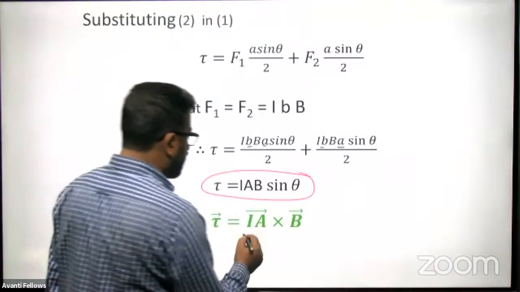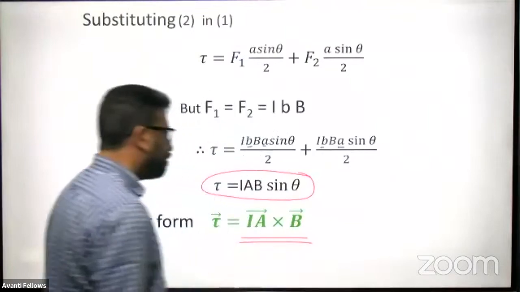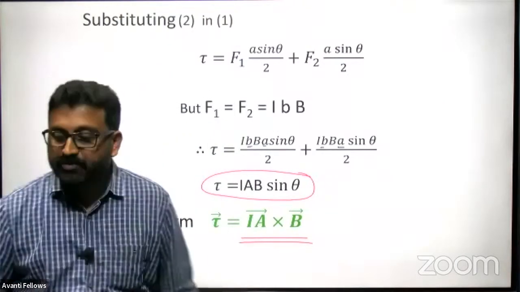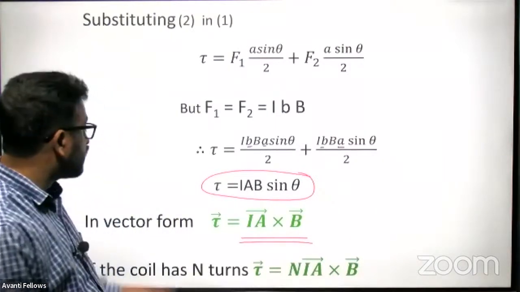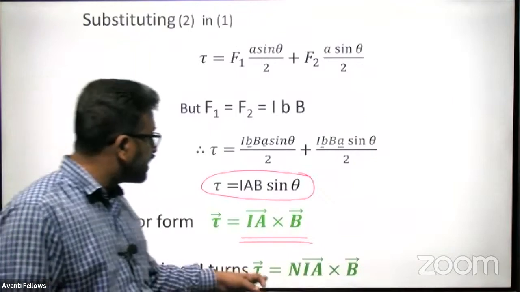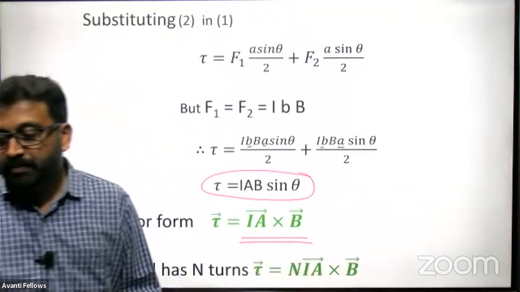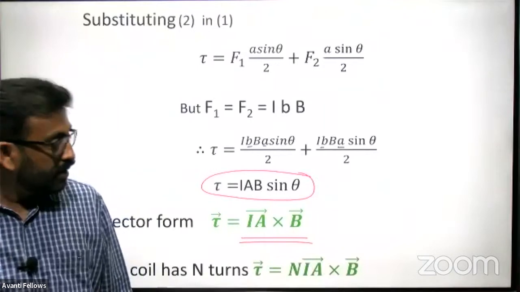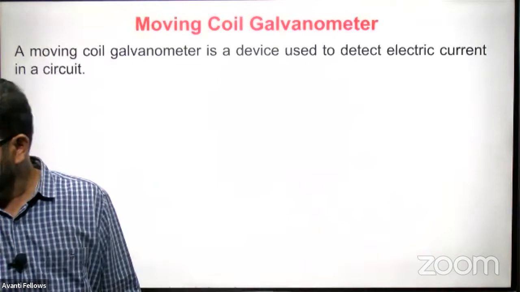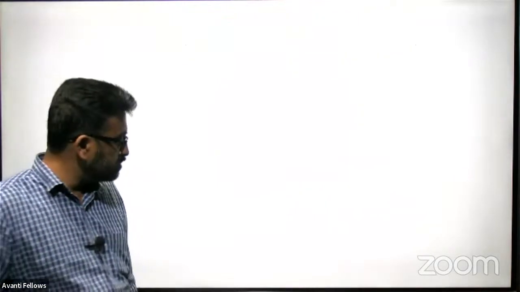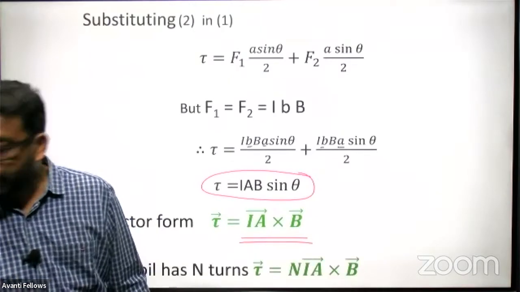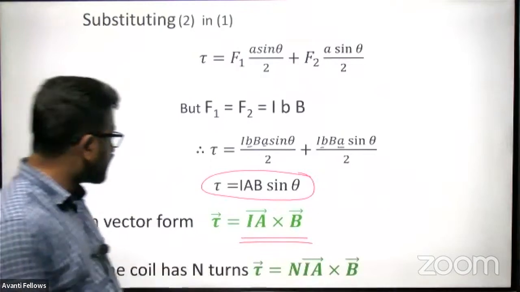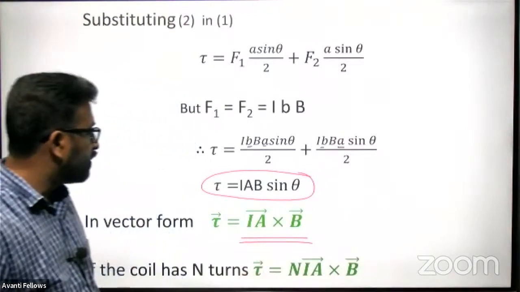IAB sine theta can also be written as IA cross B. And if the coil has N number of turns, then we can write it as NIA cross B, the number of turns multiplied by IA cross B. So the total torque acting on this will be NIA cross B.